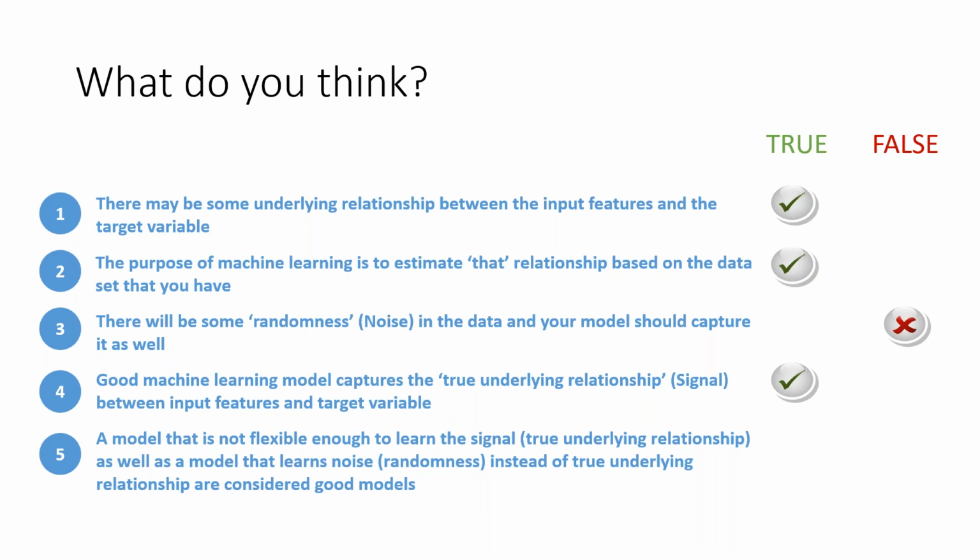The first one, which is not flexible enough to learn the signal, we call an underfitted model, and it is not good. And the second one is actually understanding noise instead of the true underlying relationship, and it is called an overfitted model. So both underfitted and overfitted are not good.